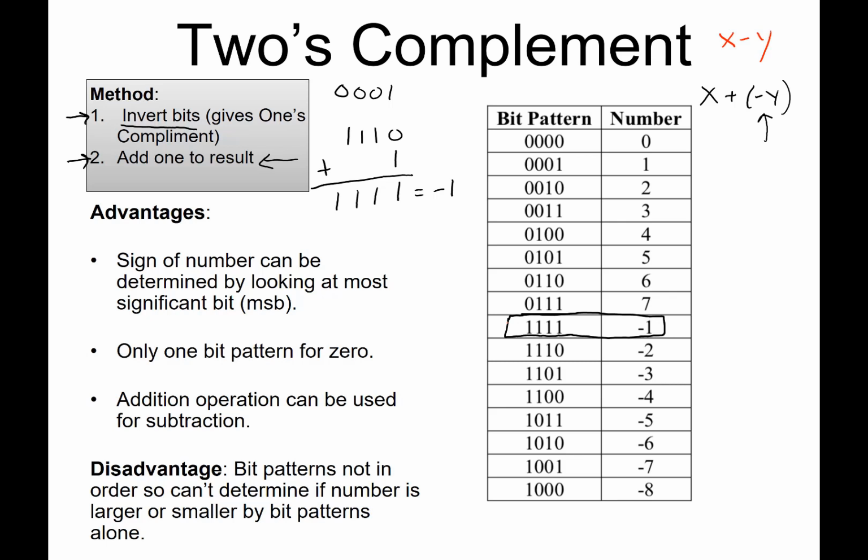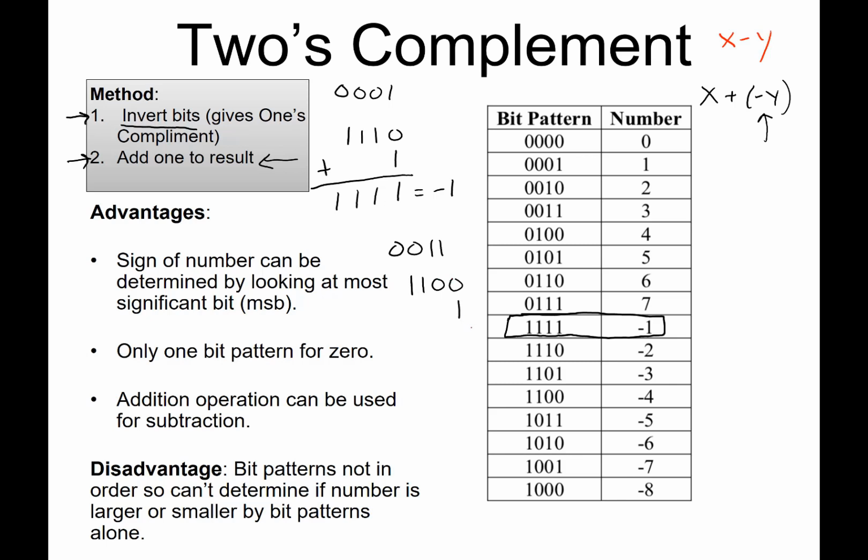All right, let's do another one. Let's write -3 using twos complement. So the first thing we're going to do is write 3. So this is 0011. We're going to invert the bits. So this is 1100.